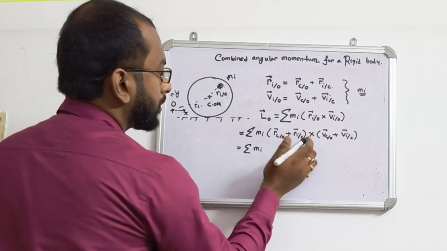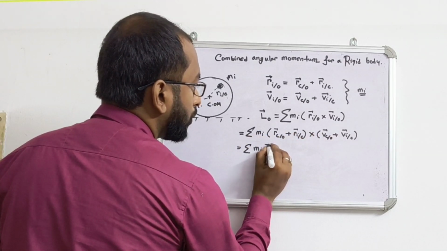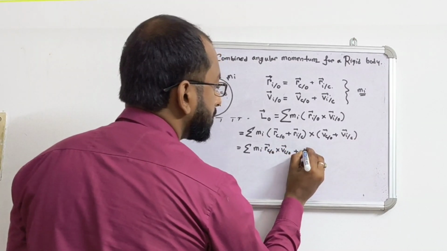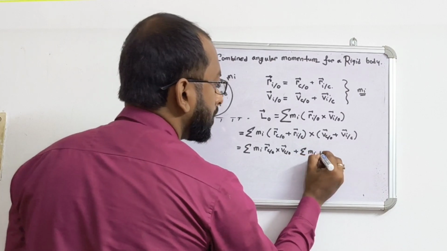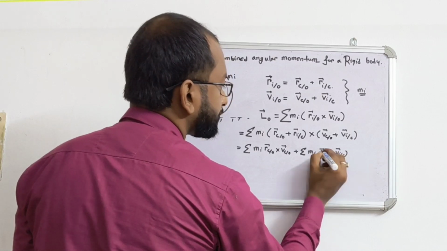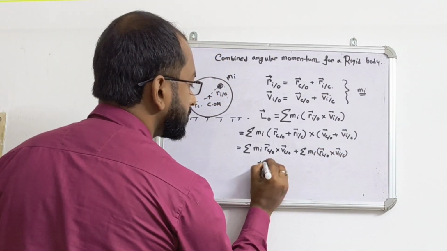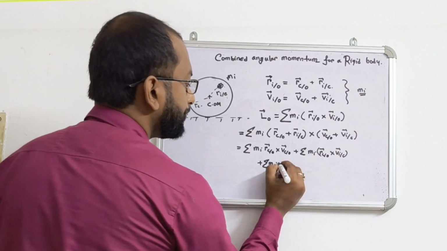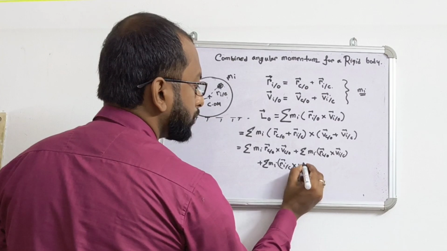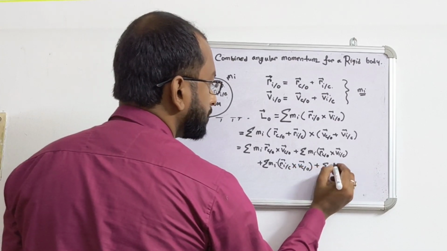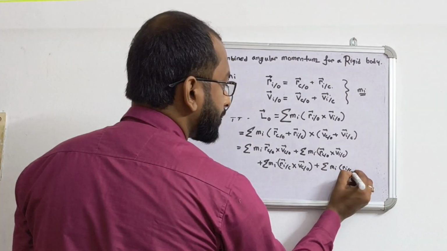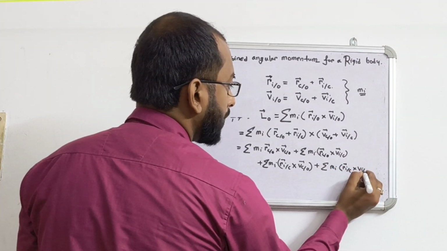One is RC with respect to O cross VC with respect to O, plus summation of MI RC with respect to O cross VI with respect to C, plus summation of MI RI with respect to C cross VC with respect to O, plus the fourth term, we will get summation of MI RI with respect to C cross VI with respect to C.